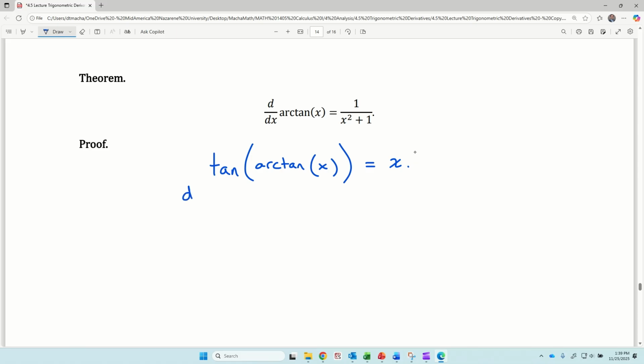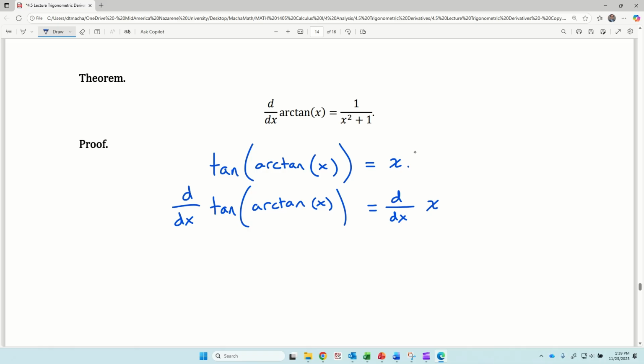In the next step, we are going to take the derivative with respect to x of both sides. So I'm taking the derivative of tangent of arctangent of x, and on the right side, I'm taking the derivative with respect to x of x.